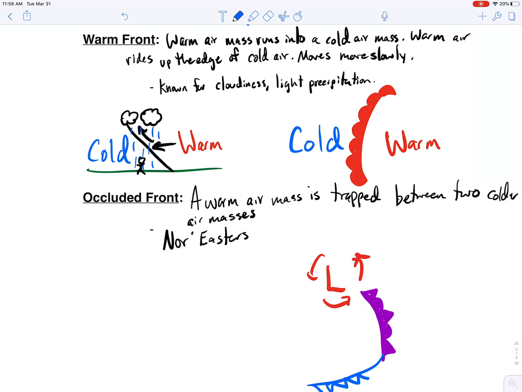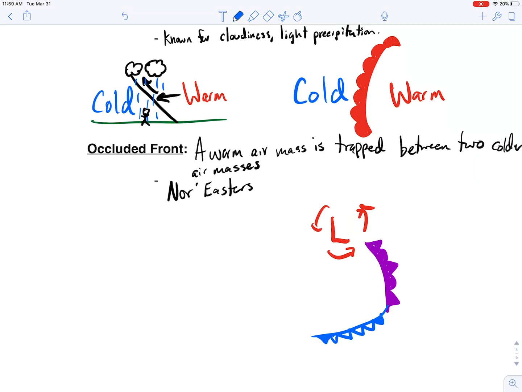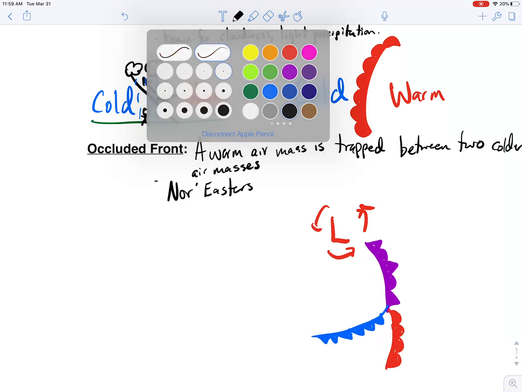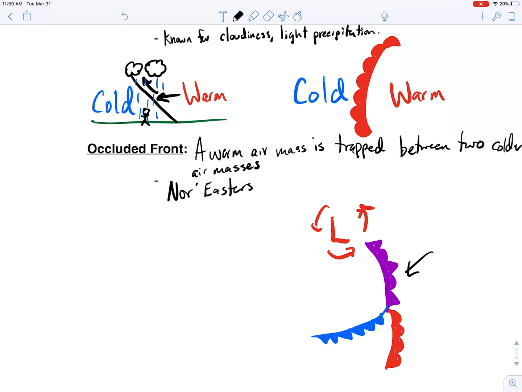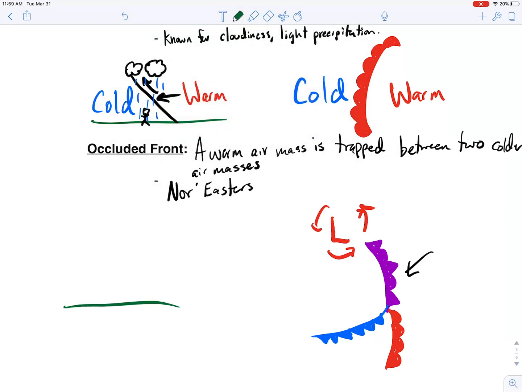And that's because we've got a cold air mass coming off like this, and we've got that warm air mass coming off like this. And what we've seen is that right in here, that cold air mass has actually caught up and started to overtake the warm air mass.